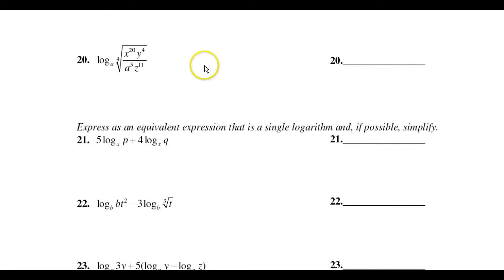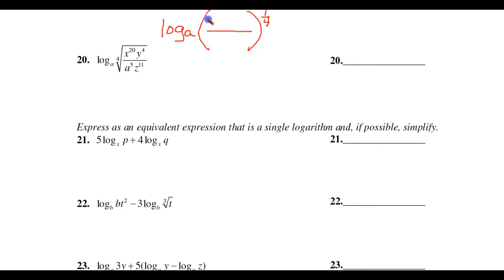Now, for this one, as you write it, you want to convert all of this to its fractional exponential form. So sort of an intermediate step would be log base a. All of this now goes in a parenthesis, that's to the 1/4 power.